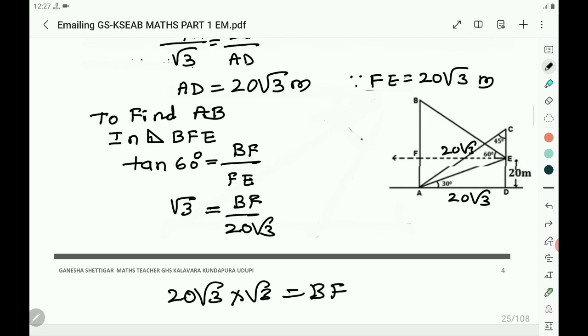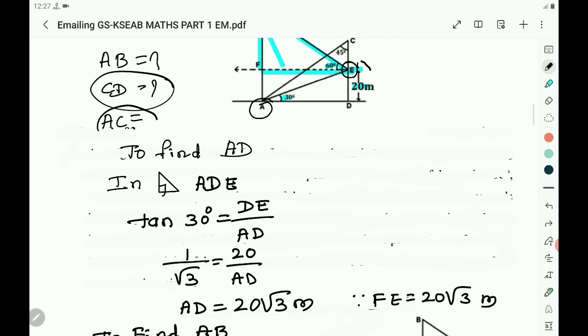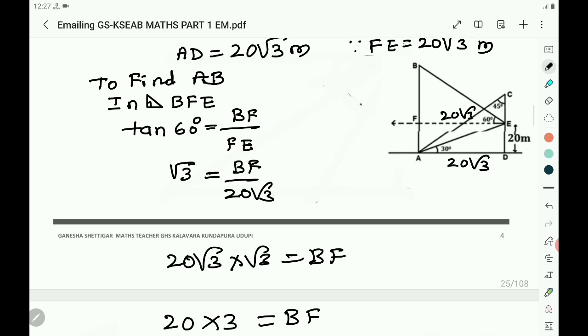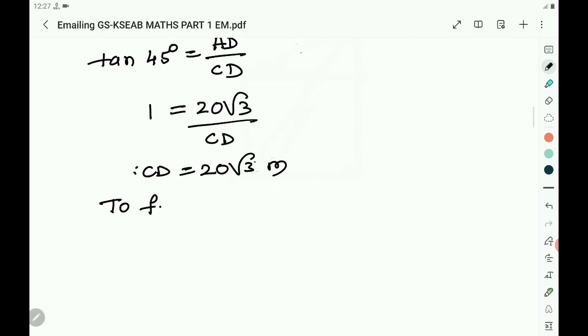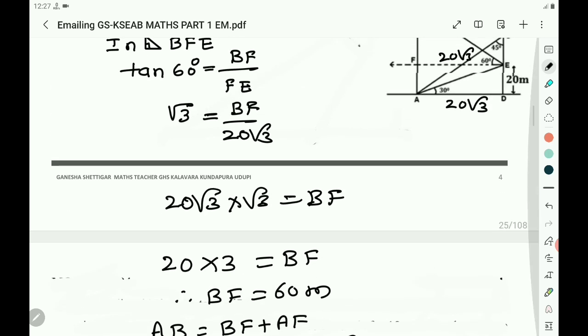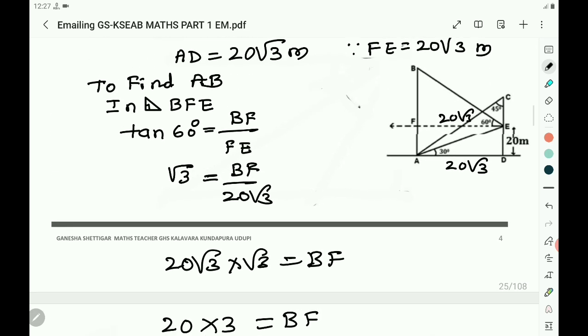Then we have to find out AC. AC is the distance between the top of the building and the foot of the tower. Again use the same triangle. To find AC, use the triangle ADC. In the right angle triangle ADC, here the angle of depression is given, that is 45 degree.